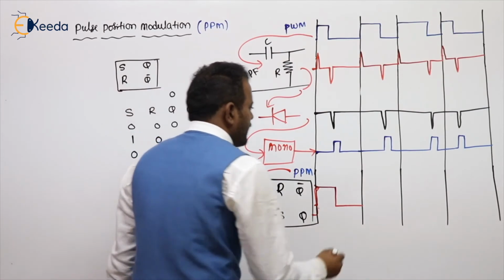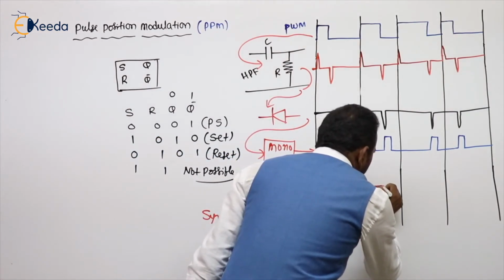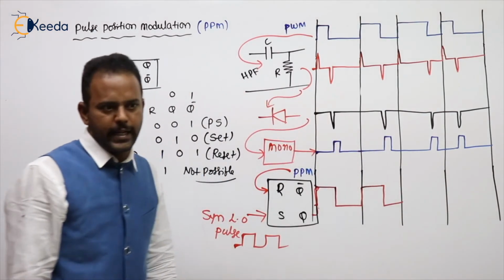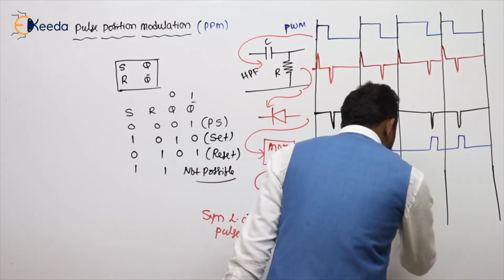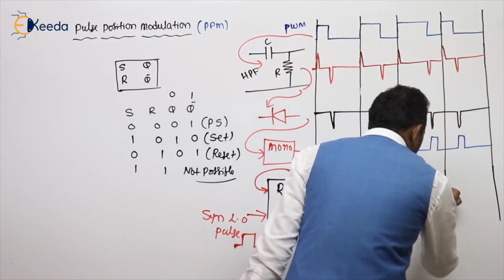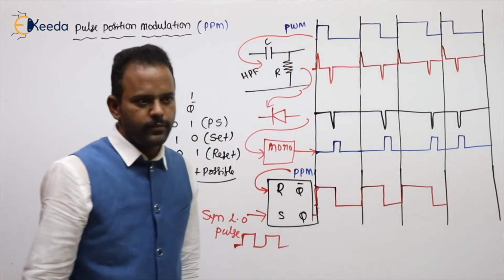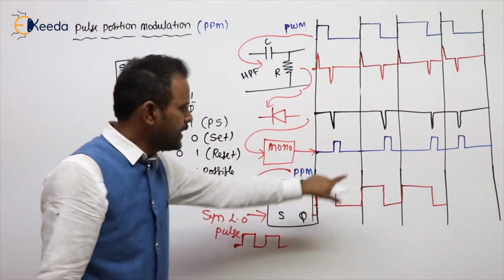Second cycle: set is given, so it becomes 1. When will it become 0? Whenever the R value is given. Next, third cycle: set is given, set to 1. It becomes 0 when the R value is given. Where is R available? At the PPM, at these short duration pulses.